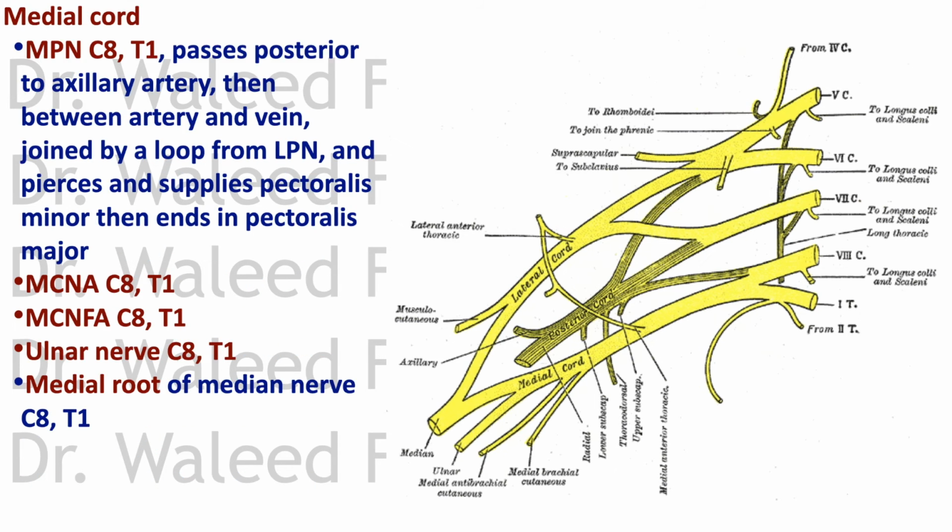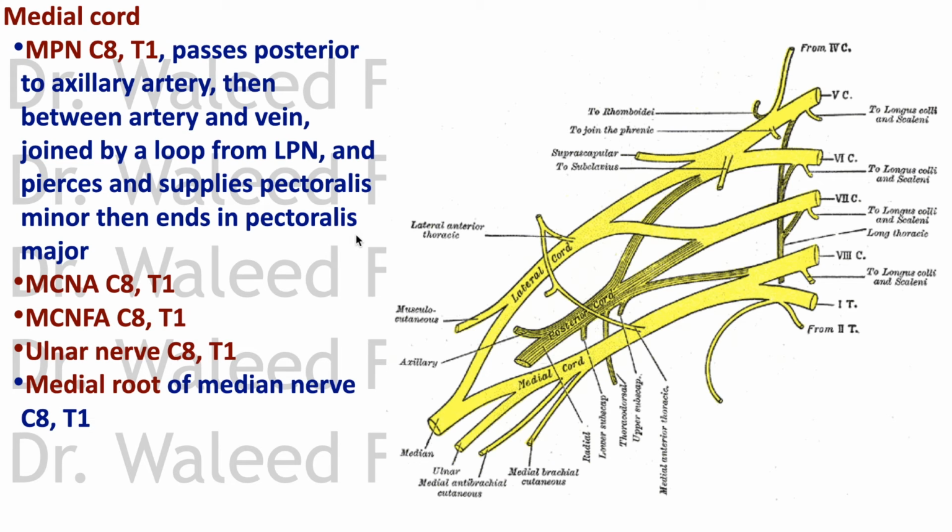Okay. The medial cord gives the medial pectoral nerve, C8 and T1, which passes posterior to the axillary artery. This one passes posterior, not superficial or anterior. Then between the artery and the vein, and joined by a loop from the lateral pectoral nerve, it pierces and supplies the pectoralis minor, then ends in the pectoralis major.